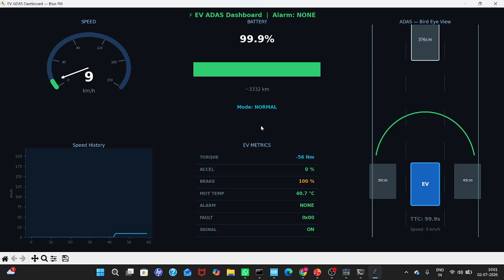We clearly observe that torque is negative 56 newton meters, acceleration is 0, brake is 100, water temperature is 40.7 degrees, alarm none, fault nothing, signal on. And if this EV goes greater than 20 kilometers per hour and this vehicle is near to another vehicle, then we can observe the fault condition again.